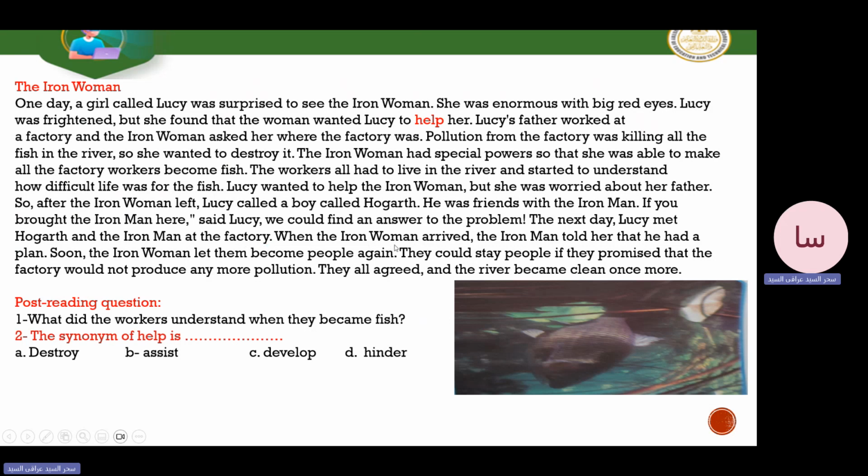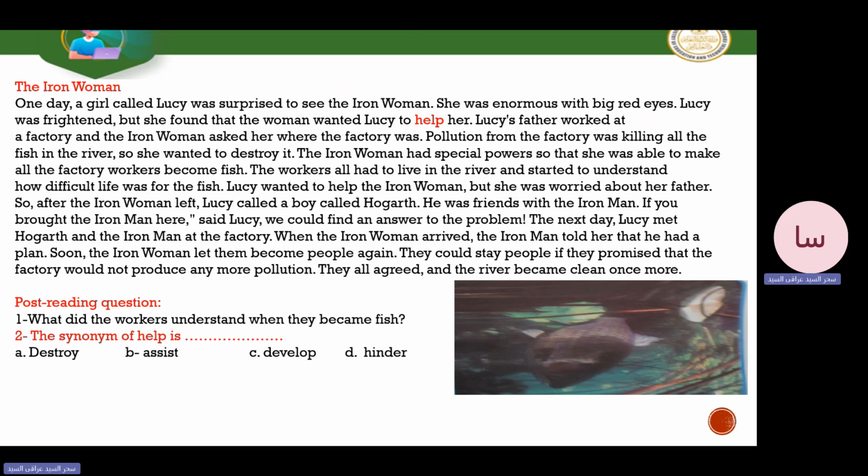When the Iron Woman arrived, the Iron Man told her that he had a plan. Soon, the Iron Woman let them become people again. They could stay people on one condition. What is it? If they promised that the factory wouldn't produce any more pollution. They all agreed and the river became clean once more.